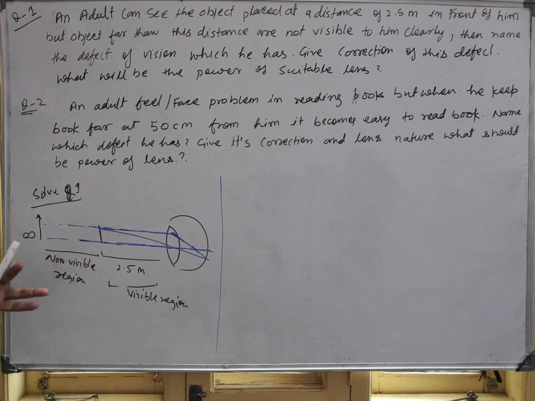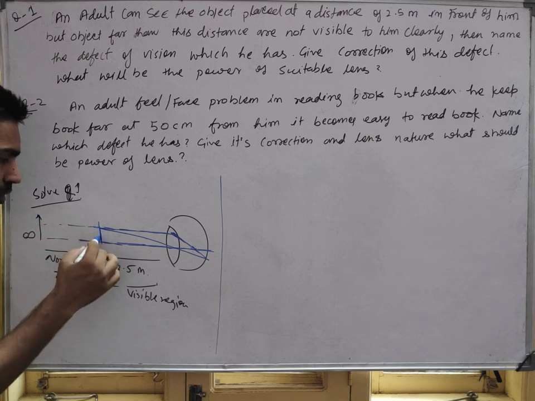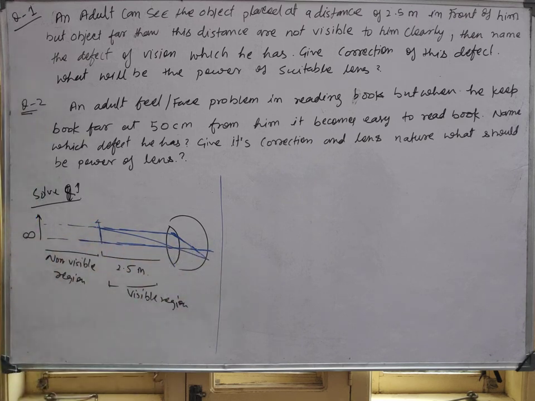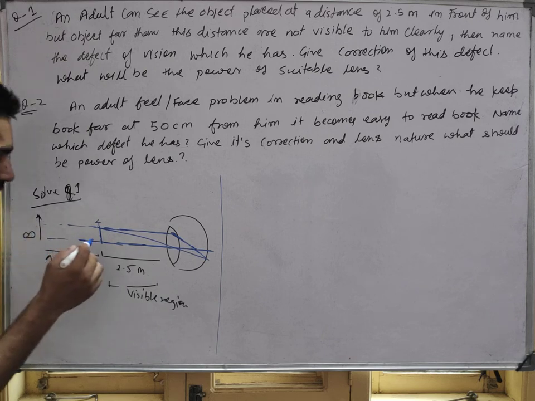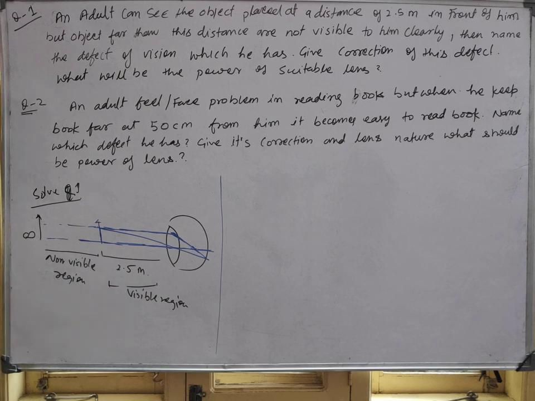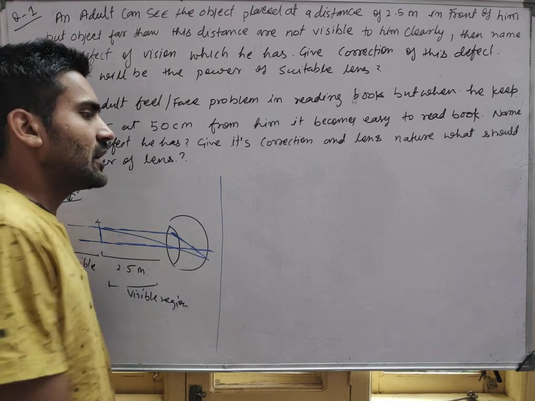If somehow we could manage to get the image of this object at this point, then he can clearly see the object. So how can we form an image of an object kept at infinity at this point? By using a lens, that is, a concave lens. Let's see how we can do that.